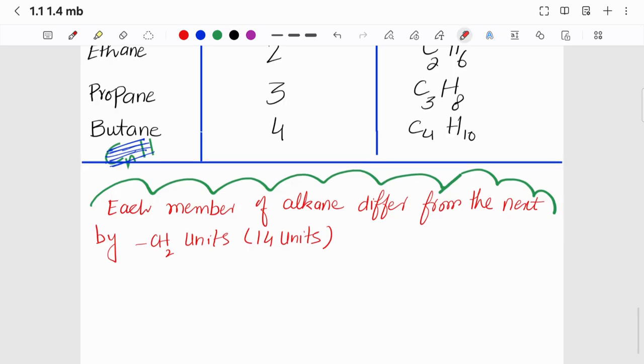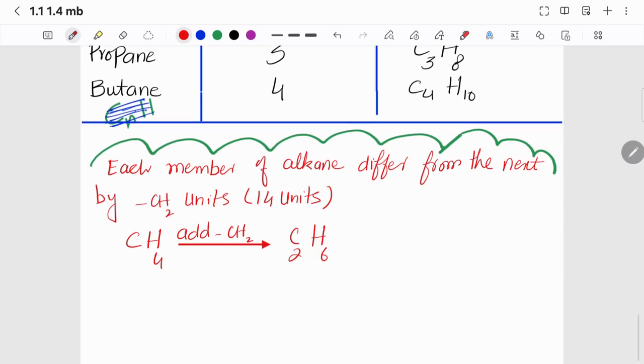For example, methane is CH4, and if we add CH2 to it, it would be C2H6, that is the next member.